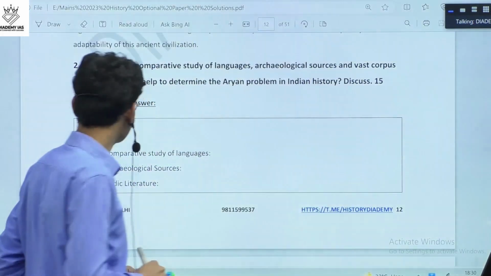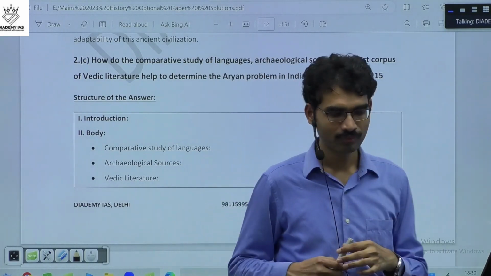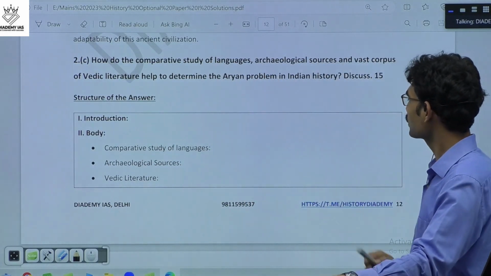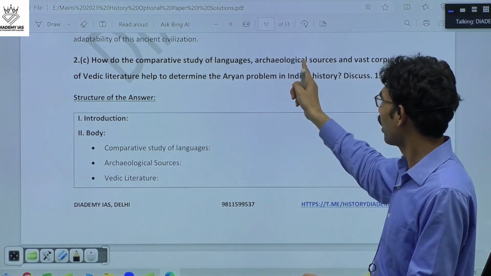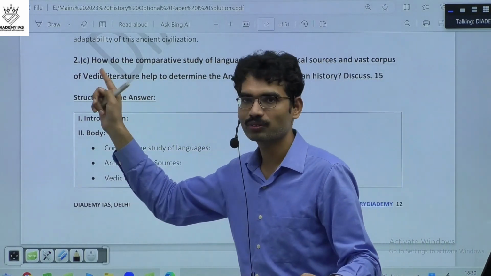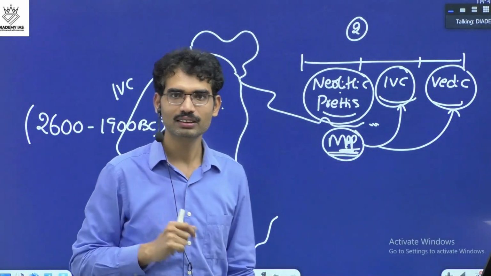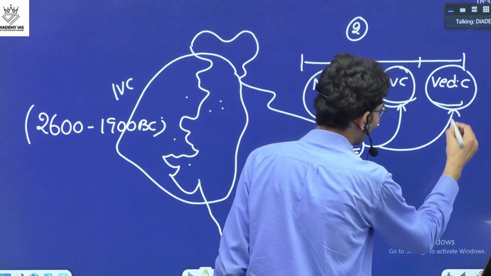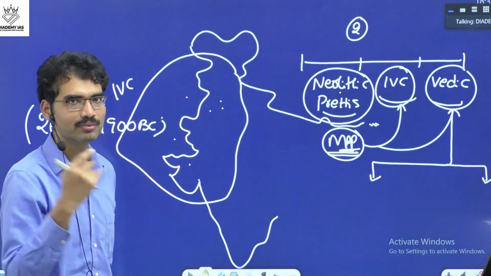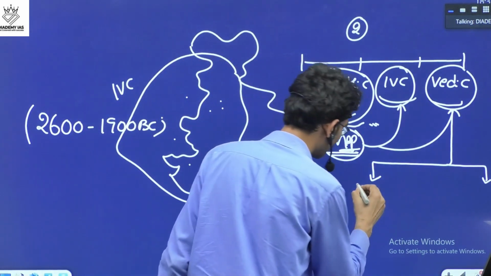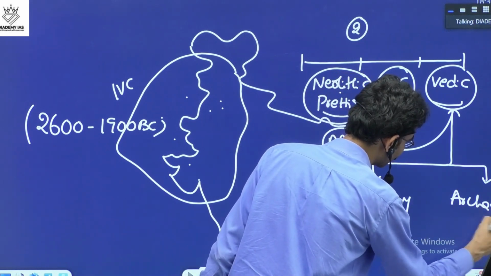All right. Now, how do the comparative study of languages, archaeological sources, and vast corpus of Vedic literature help? It is talking about archaeological sources and the vast corpus of Vedic literature. In simple terms, our first chapter is sources. For any chapter, whether it is IVC, Vedic or Mahajanapadas, we have two types of sources: literary sources and archaeological sources.